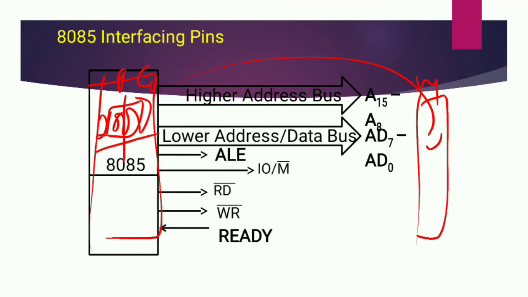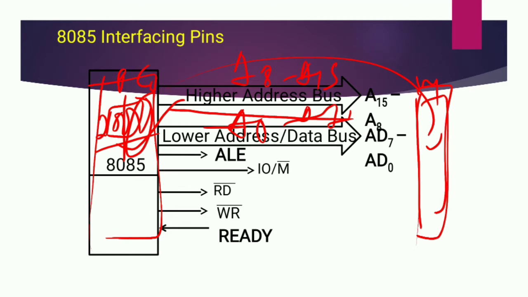The higher order 8 bits go through the address bus, that is A8 to A15, and the lower order 8 bits go through A0 to A7. Means the address bus is generated.